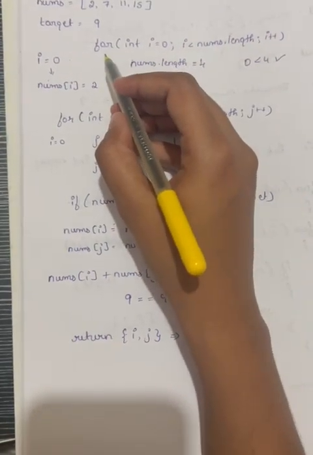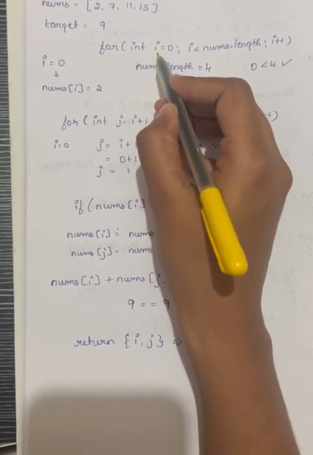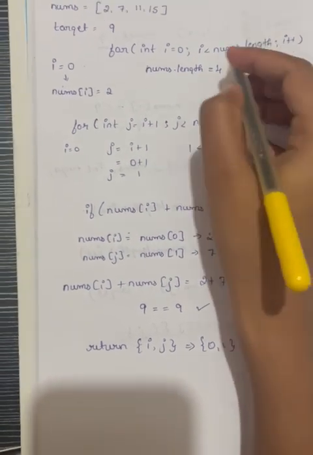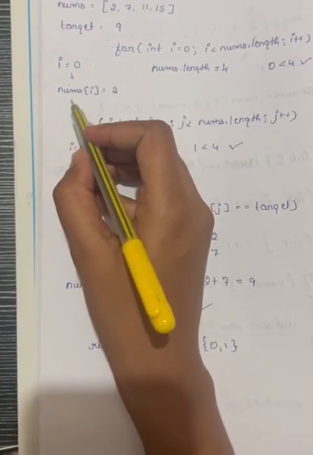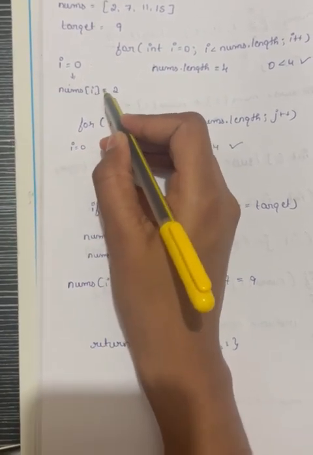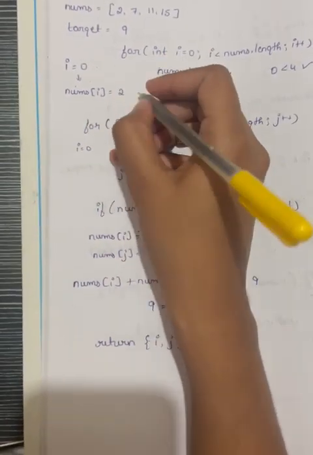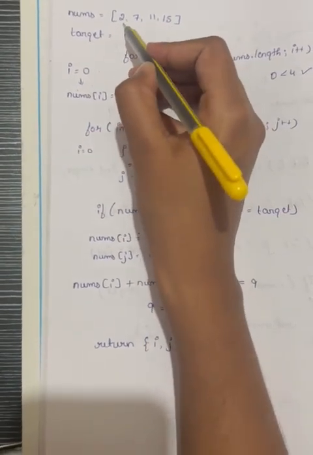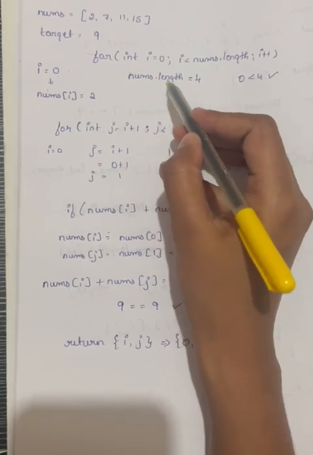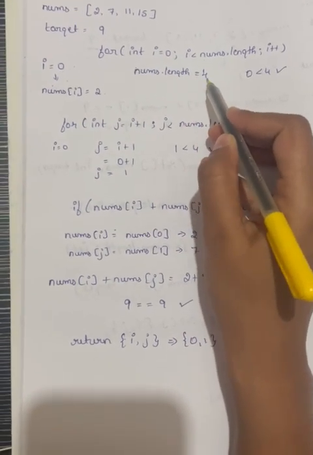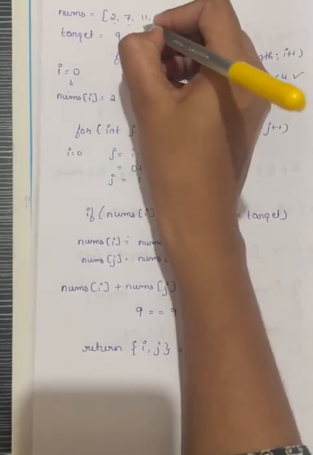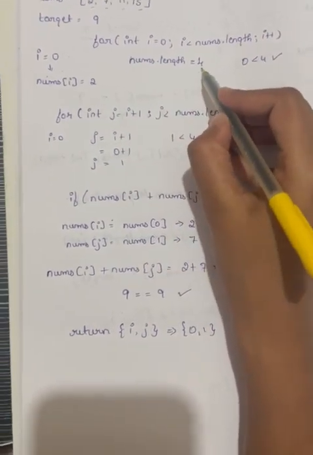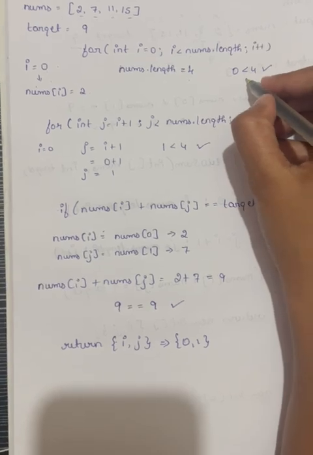First, as we have seen in the code, for int i is equal to 0, i less than nums dot length, i plus plus. i is initialized to 0, in which nums of i is equal to 2, because in the 0th index I'll be having the value 2. Then nums dot length is equal to 4, because the number of elements in the array is 4. I'll be checking a condition.